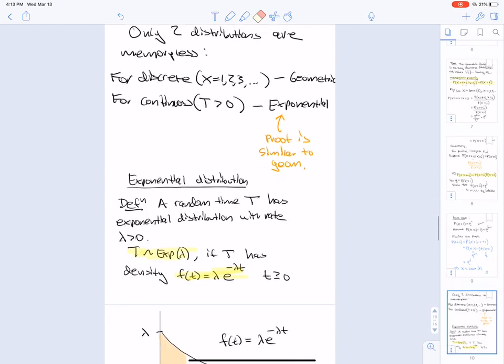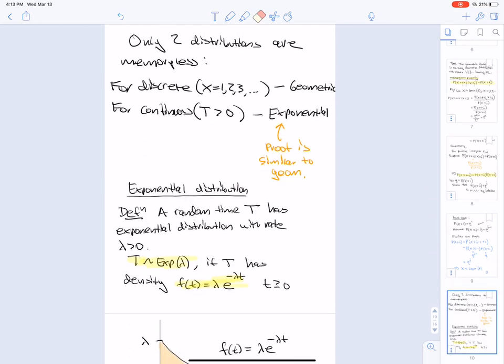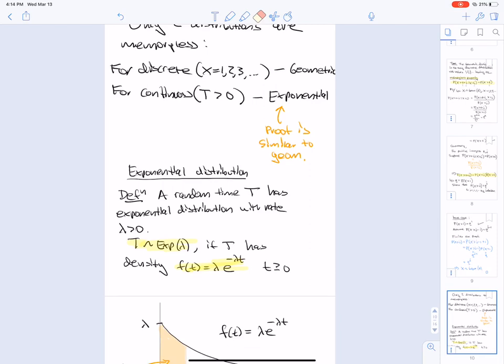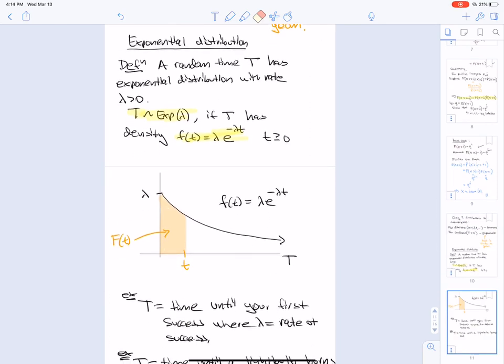So only two distributions are memoryless. For discrete X equals 1, 2, 3, and so on, we have the geometric. And for continuous t greater than 0, we have the exponential. The proof is very similar to the geometric. So the exponential distribution is as follows.